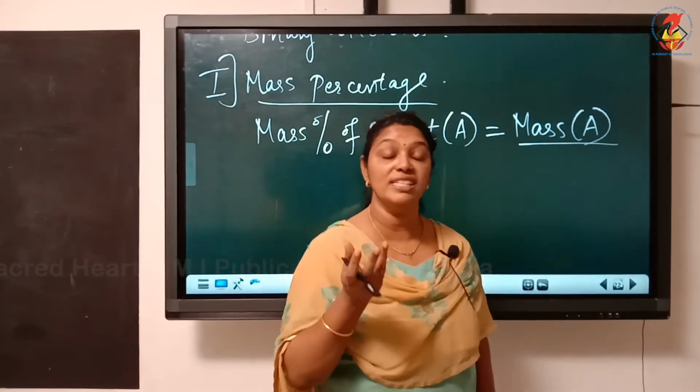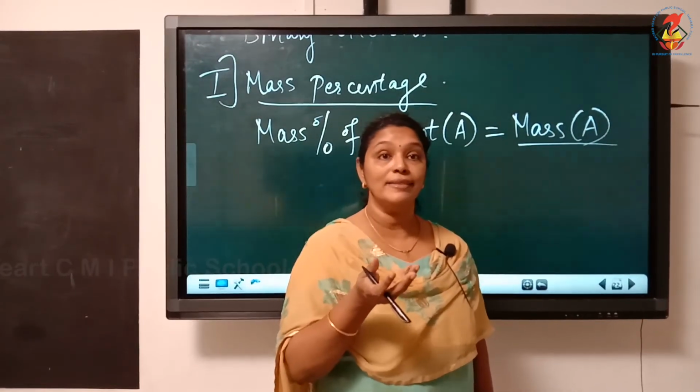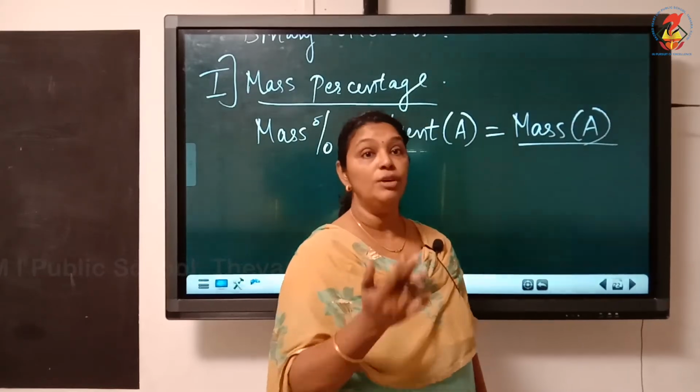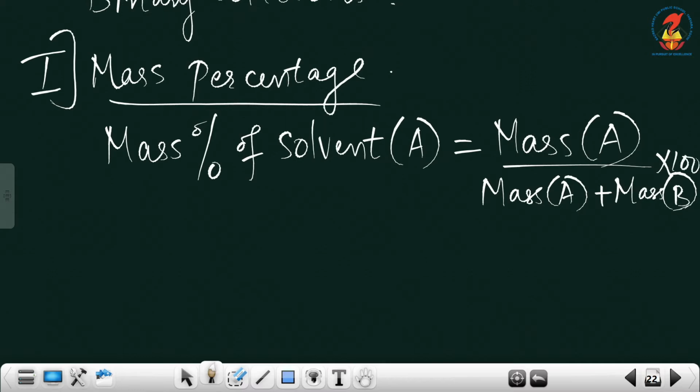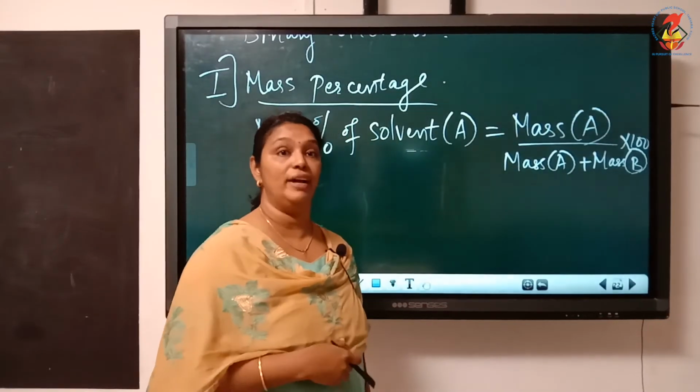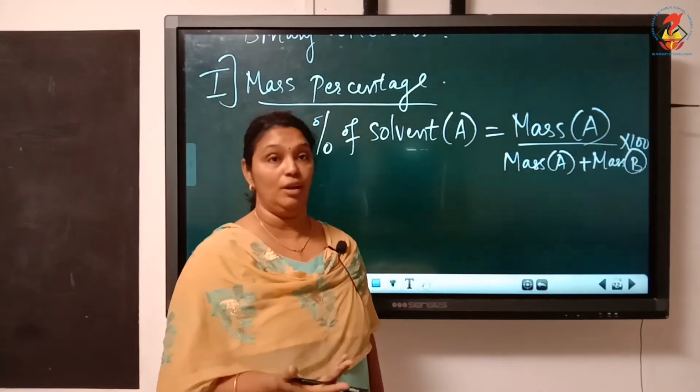The solution has solute and solvent in it, so total mass of solution means mass of solvent A plus mass of solute B, into 100. So, this is the expression to find the mass percentage of solvent.